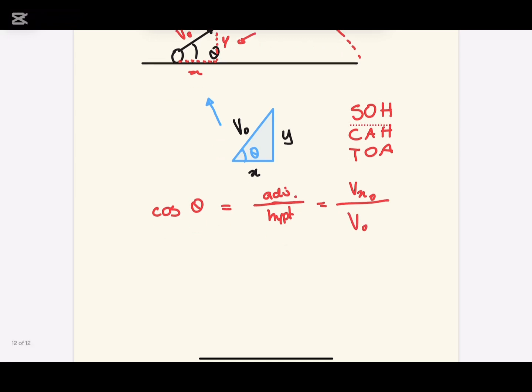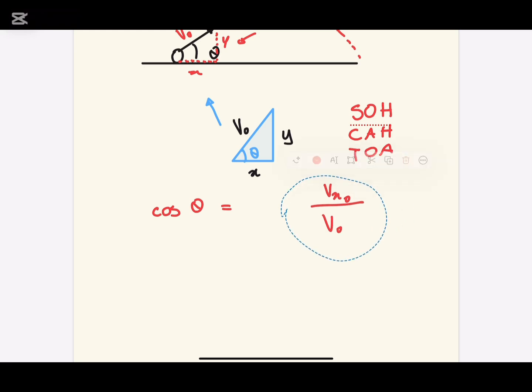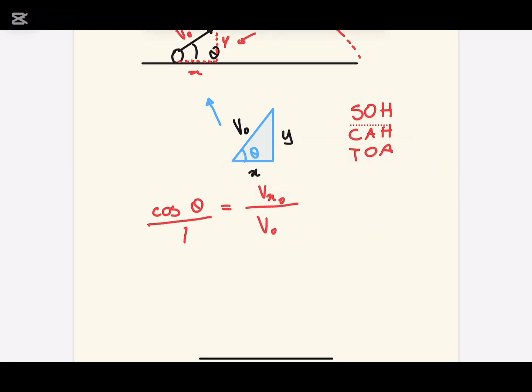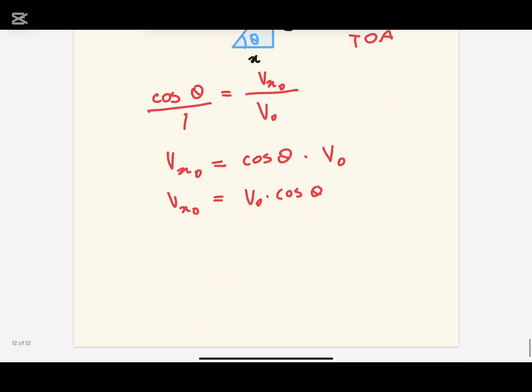If we cross multiply, then the horizontal component of the velocity is equal to cosine theta times velocity initial. You would actually write this the other way around: Vx naught is equal to velocity initial times cosine theta. And that's how you would write it.